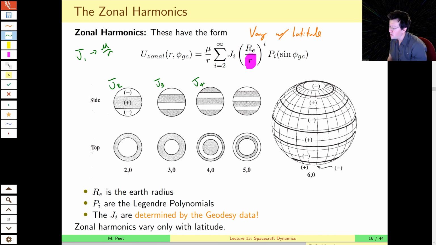So the primary perturbation, J2, is a band around the equator. It doesn't vary with longitude, so it's equal thickness. All of these bands don't vary with longitude. Longitude, remember, looks like that. So they don't vary with longitude, which is important.